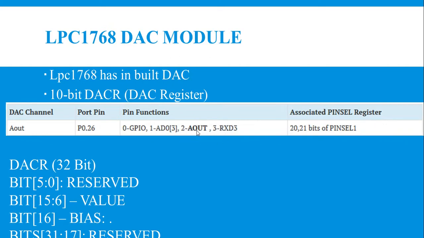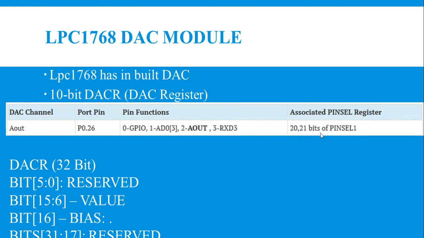Since the analog output corresponds to the second alternative function, the 26th pin of port 0 should be configured as the analog output pin by choosing the appropriate value for the 20th and 21st bits of the pin selection 1 register. Since we have to configure the functionality of this pin, the associated pin selection register must be used.